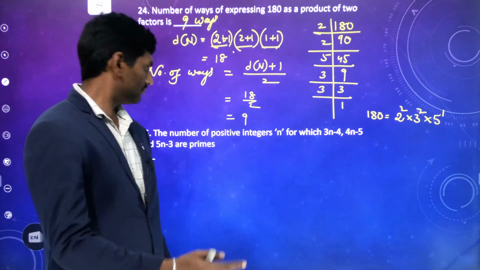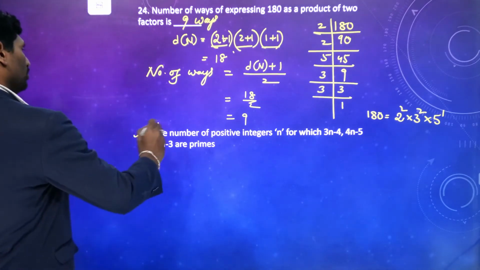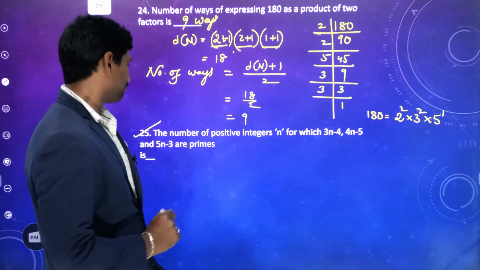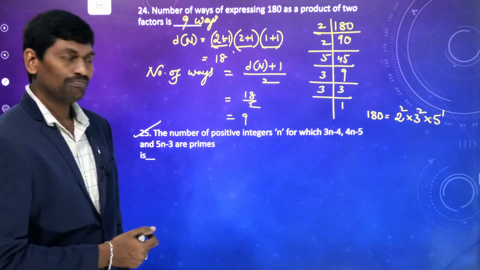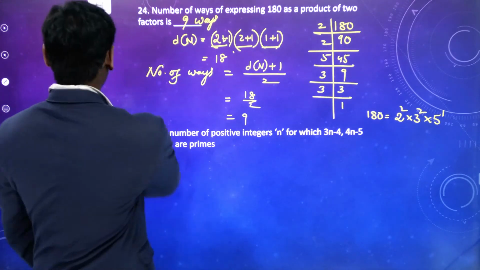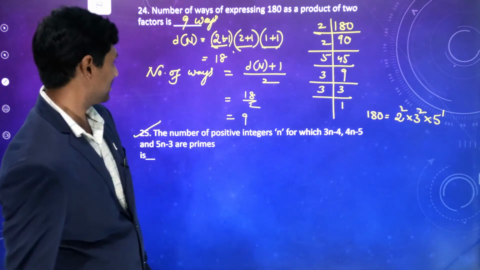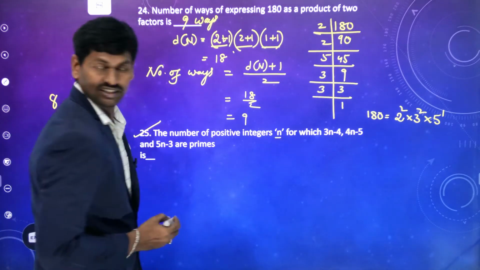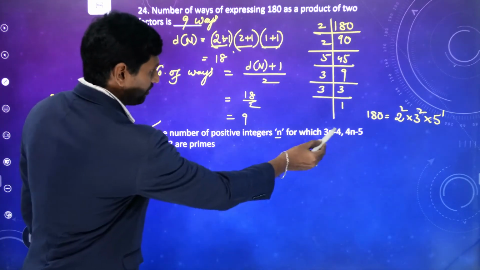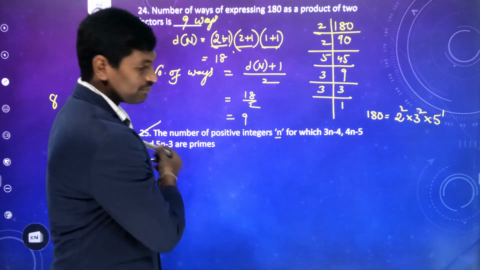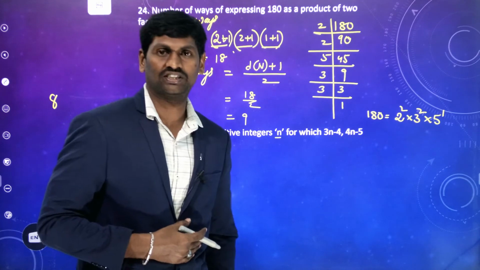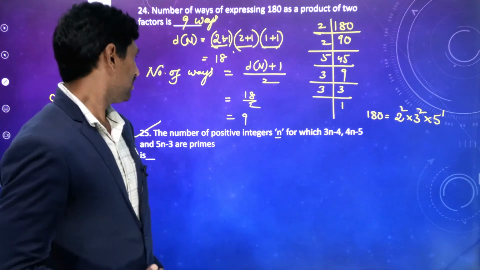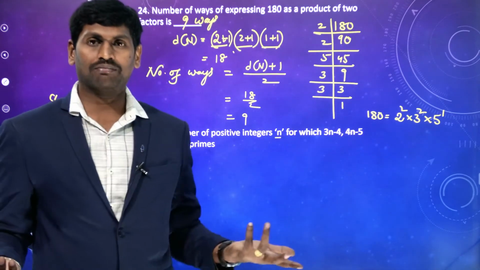Next one. 25th. Most important. The number of positive integers n for which 3n minus 4, 4n minus 5 and 5n minus 3 are prime numbers. These are all prime numbers. Which prime?